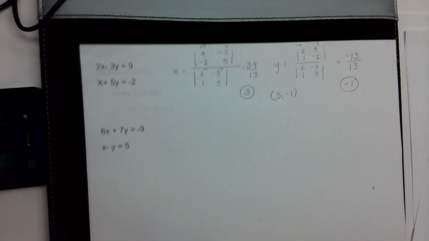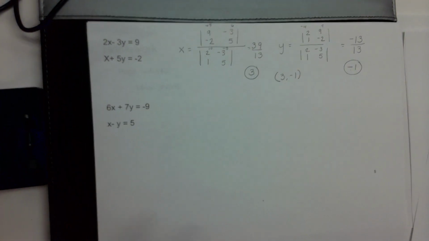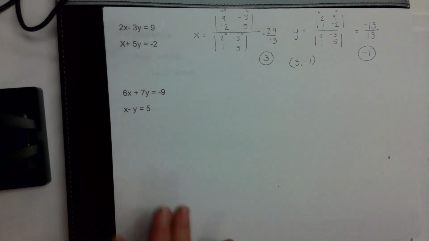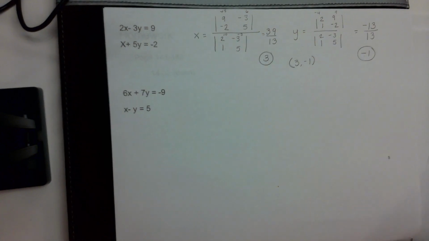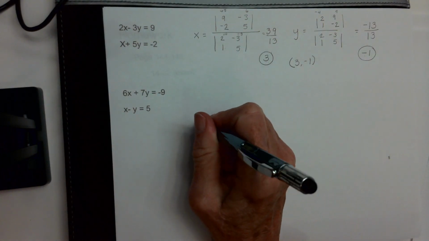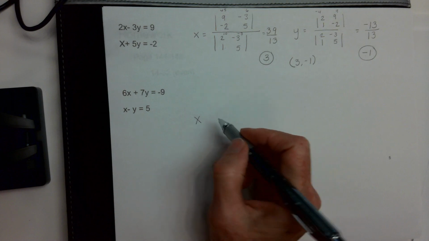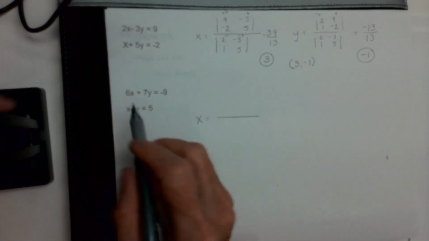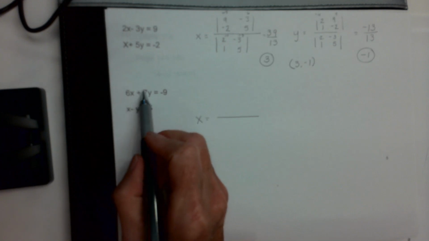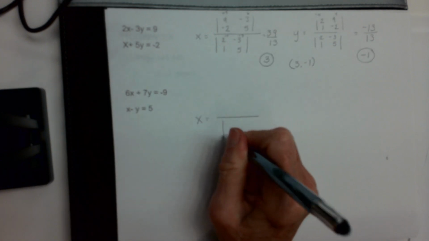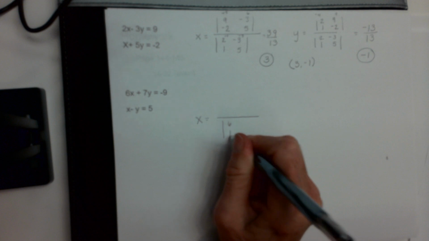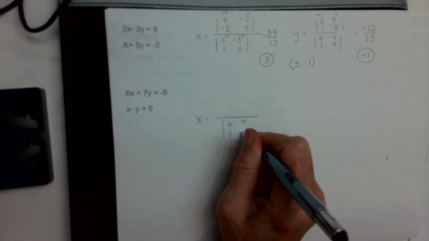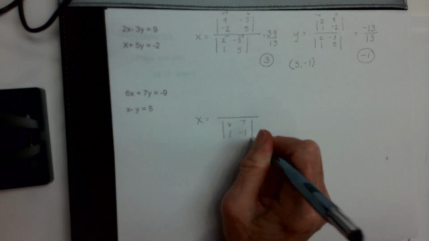So let's do this one down here. I know that this is kind of weird, okay? So applying Cramer's rule to this one, if I set it up, I have x is equal to, the bottom, remember, is this and this, this and this. So I have 6, 1, 7, negative 1. You're just using the coefficients.